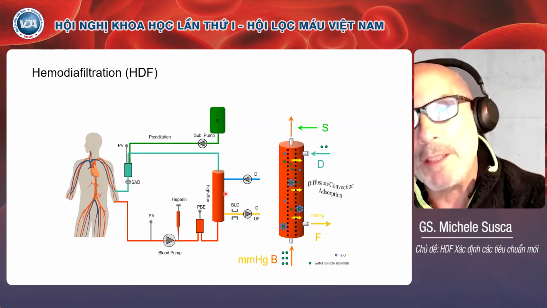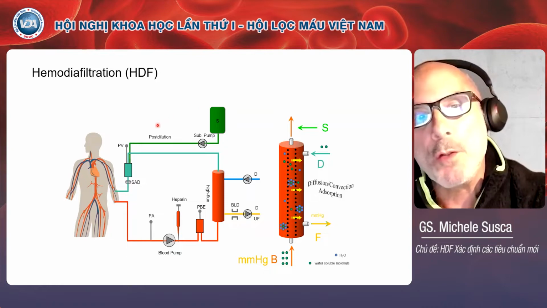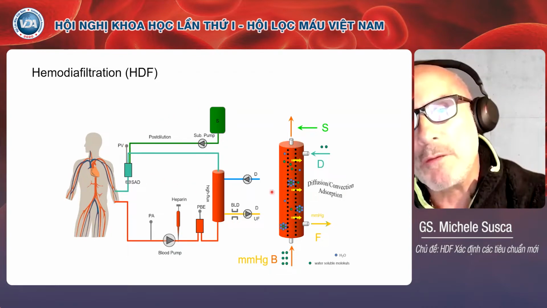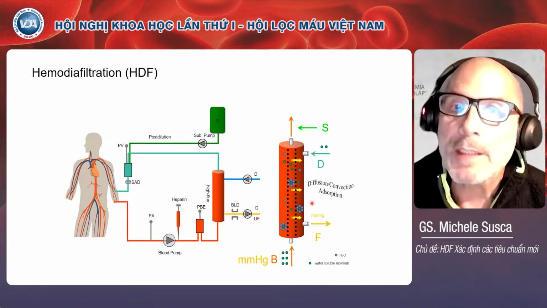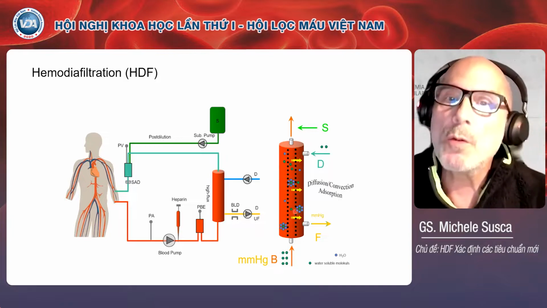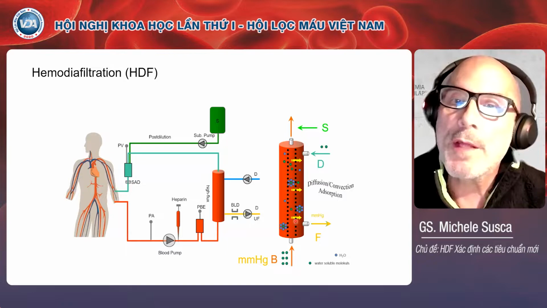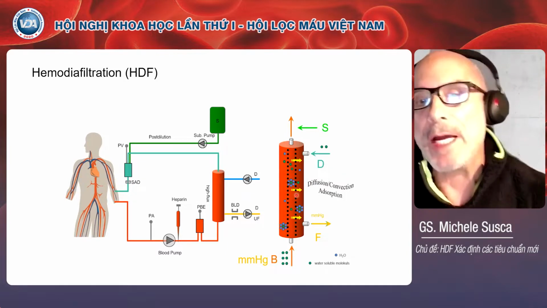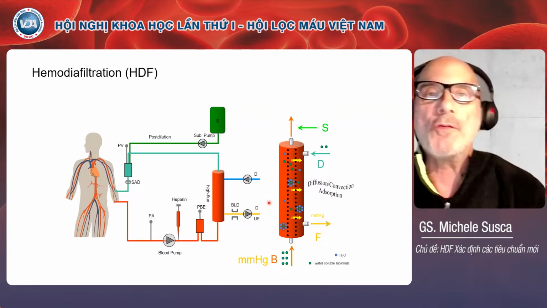So that means we have a diffusive clearance, good for small molecules, and we have a substitution solution infusion so that we can increase the ultrafiltration volume. So that means we have a good convective clearance. Also, the adsorptive clearance is good because we use here high flux filters with high adsorptive internal area. Okay, good. This is the physical principle of HDF.